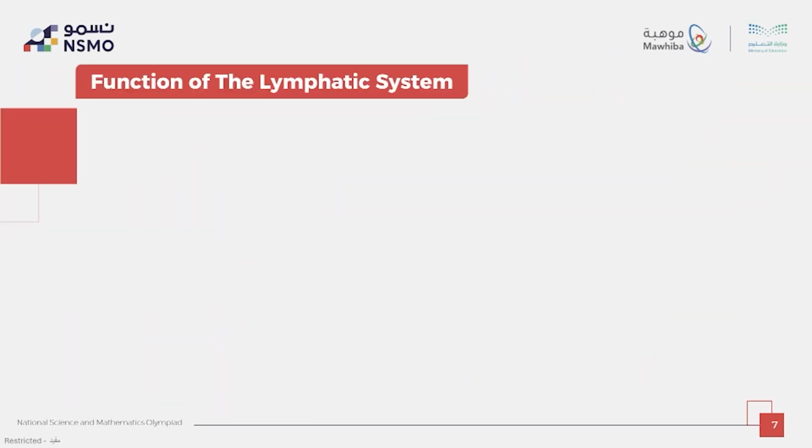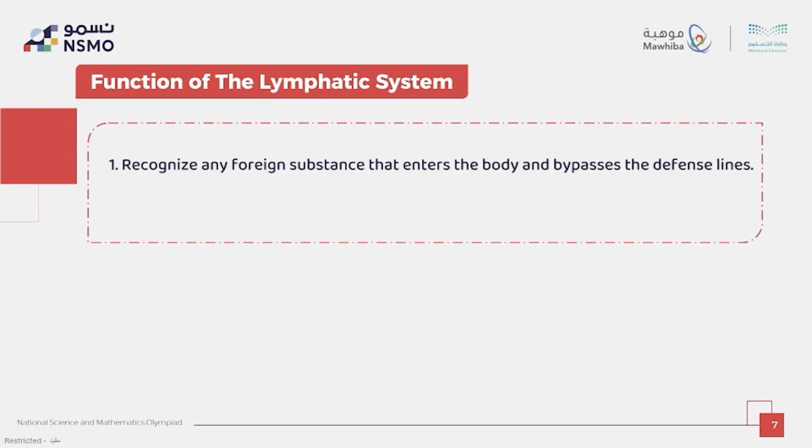First, let's talk about the functions of the lymphatic system. The first function is to recognize any foreign substance that enters the body and bypasses the defense lines. So this is the first one. Check.